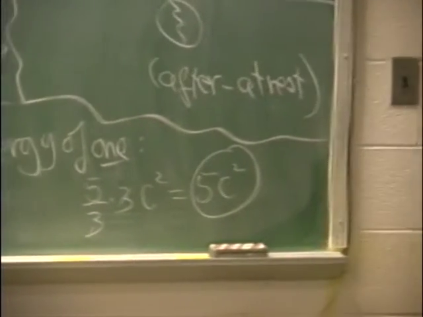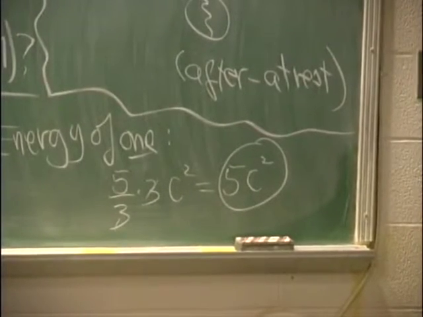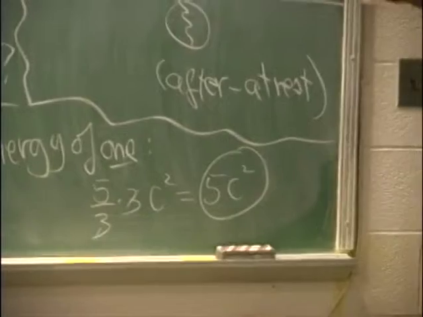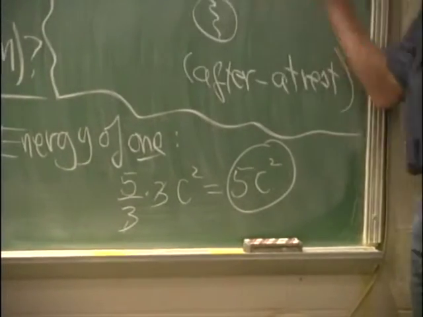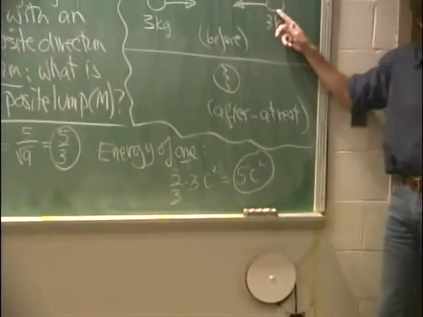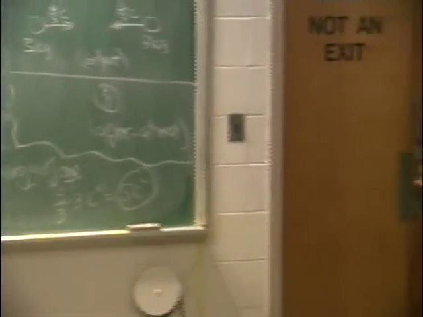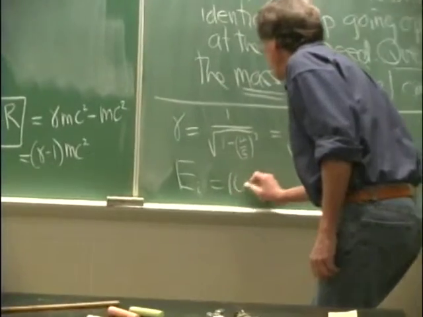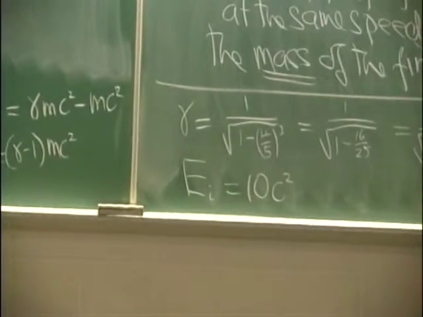That looks funny, but of course there are kilograms buried in the 5. So that's the energy of this one alone. What's the energy of this one? 5c squared. Very good. So what's the total energy if I add the two together? 5 plus 5, 10c squared. The initial energy is 10c squared.